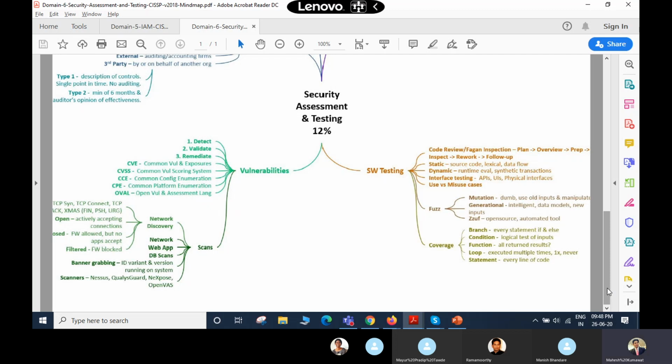As a security professional, once you're going for software testing, there is code review: inspections, planning, overview, preparation, inspect, rework, follow-up. We have different code in the applications and on the website, so how are you going to review this code, because you are not proficient in it?